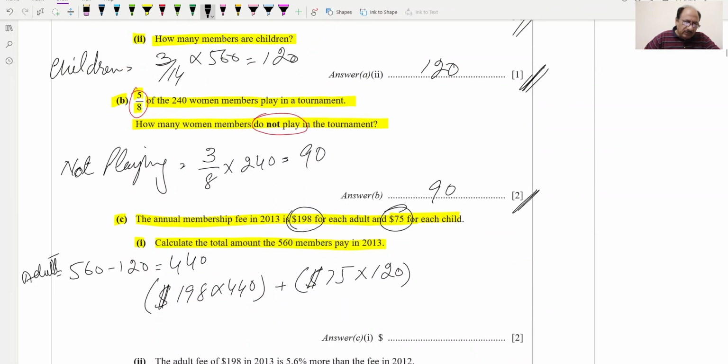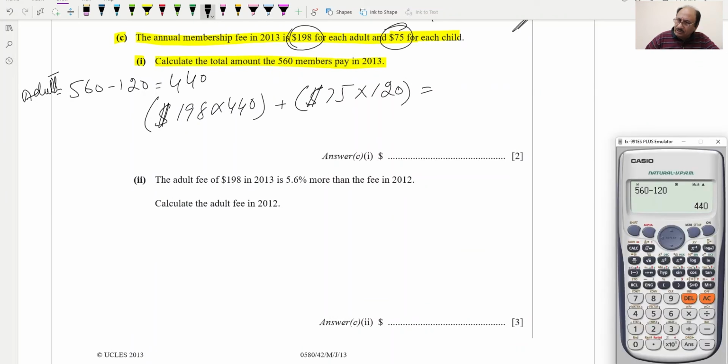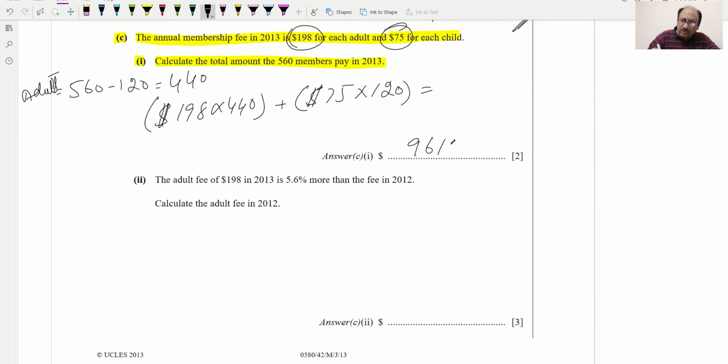We write in brackets 198 multiplied by 440, plus 75 multiplied by 120, and this is equal to 96120 dollars. This is the amount collected. This is a 2 marks question.